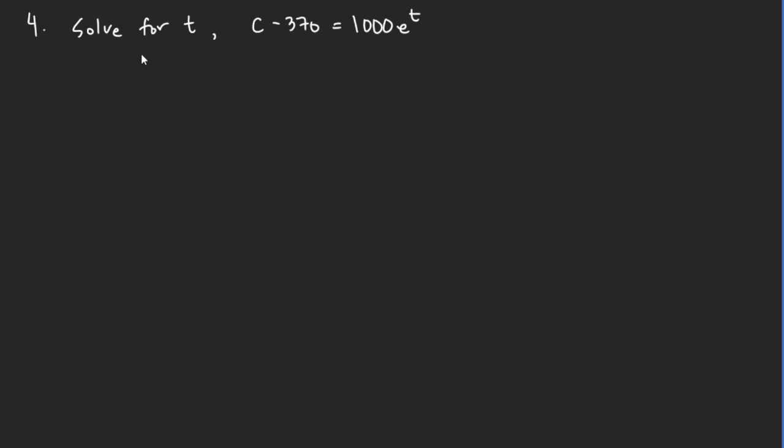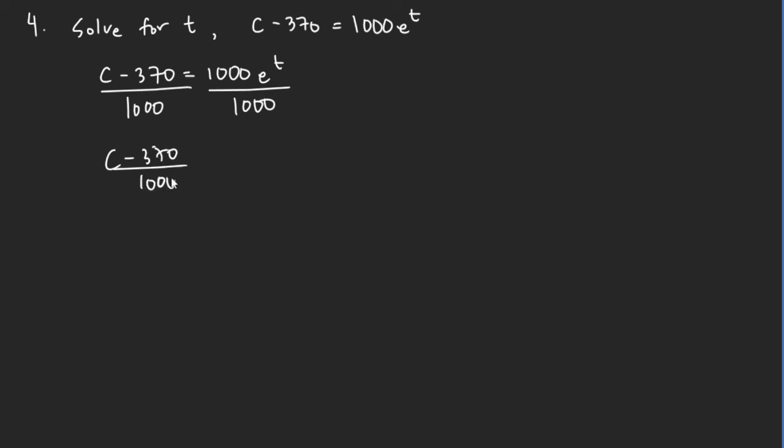So, we're just going to copy the left side of the equation. And on the right, what we do here is to divide both sides first by 1000. Okay. So, we have c minus 370 over 1000 equals e raised to t because 1000 will be cancelled out.